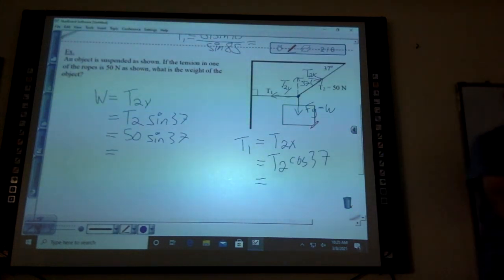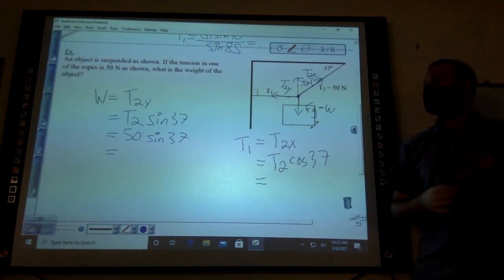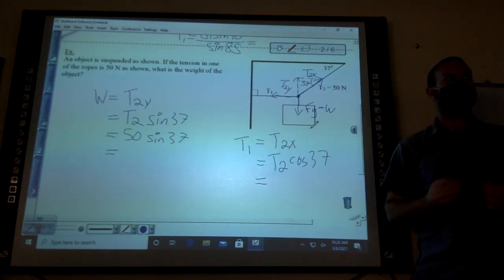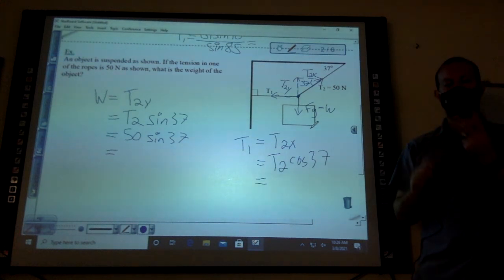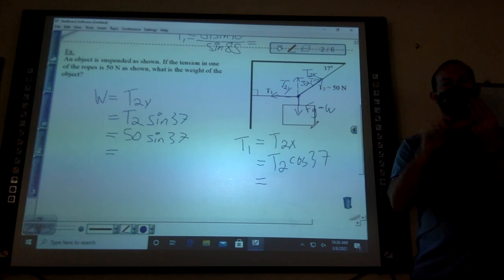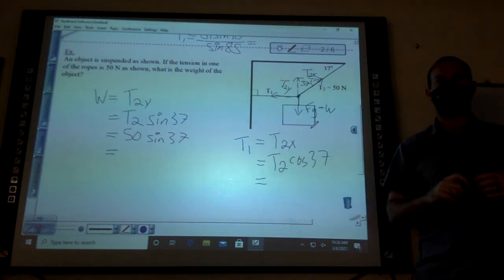For instance, on your dynamics test where you had the grid with all the different forces, and I asked you to add like 4 forces together, using the trig method would have been a terrible idea. Because you would have had to add 2 of those forces, then take the resultant of that, add the third, then add the resultant of that and add the fourth. It would have taken you the whole test just to do one question.